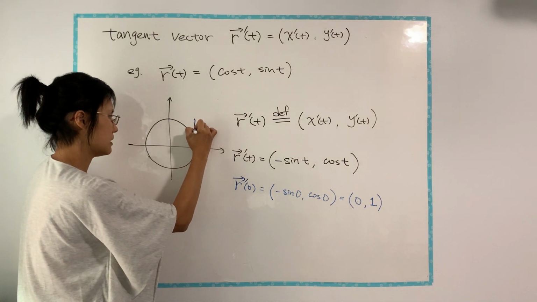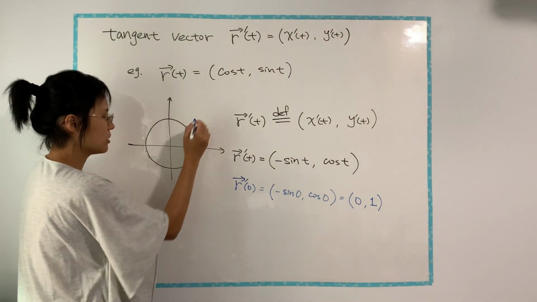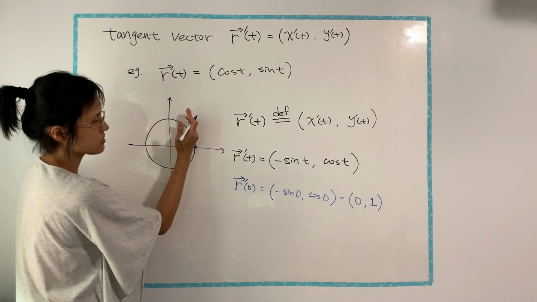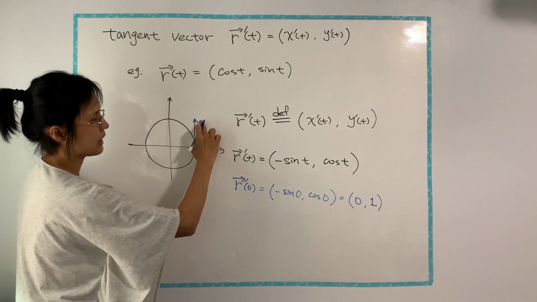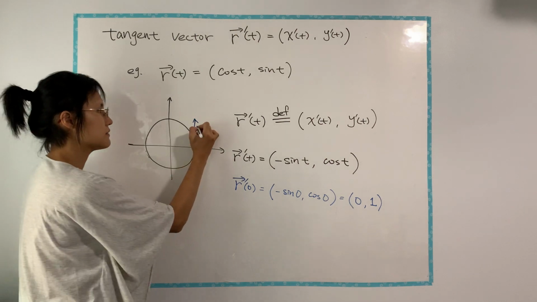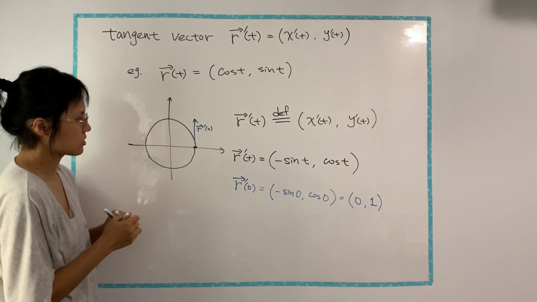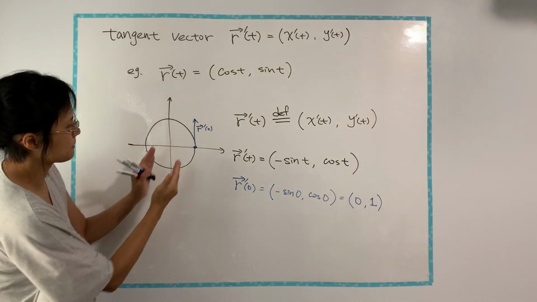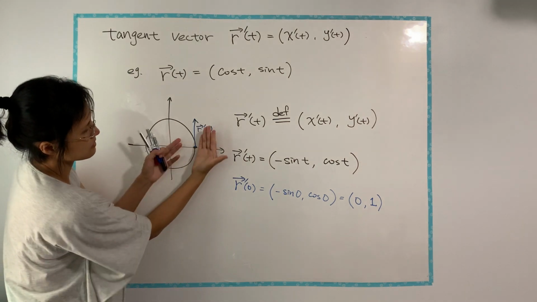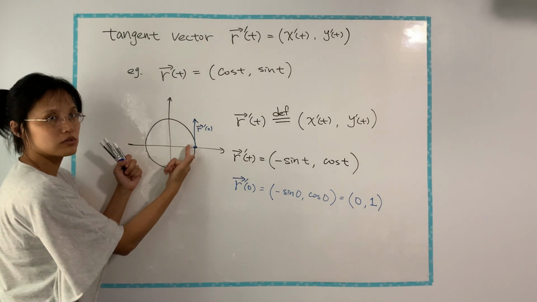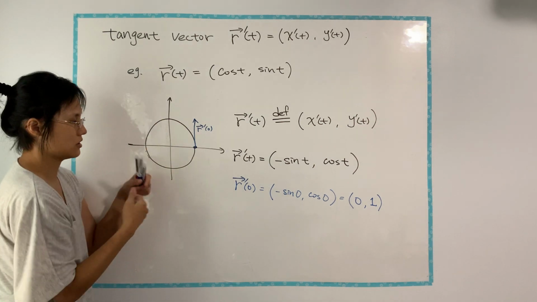And I have a vector pointing in the 0, 1 direction of length 1, like that. So this vector is my r prime of 0. One thing to notice is the vector you have is tangent to the plane curve.